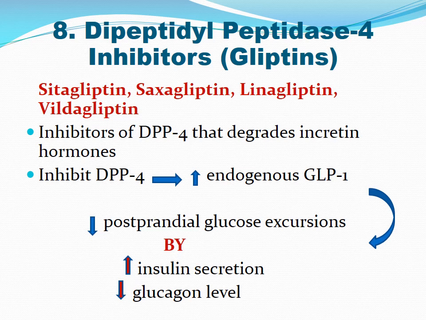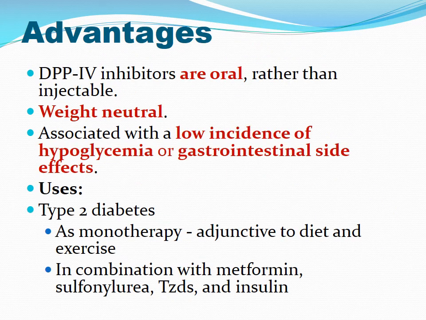So inhibition of this enzyme will result in an increase in the endogenous concentration of glucagon-like peptide 1. So it will give you more response in decreasing postprandial glucose excursions by increasing the insulin secretion and decreasing the glucagon.